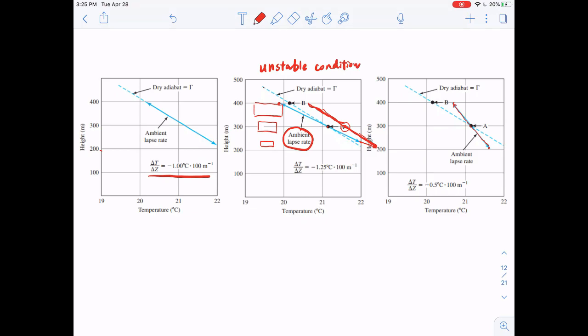So you may wonder what is the condition that corresponds to this. You can see that this corresponds to the situation where the temperature of the surface is lower compared to the normal condition, right? So what can this situation be? It can be during nighttime. We know that during the nighttime there's no radiation.